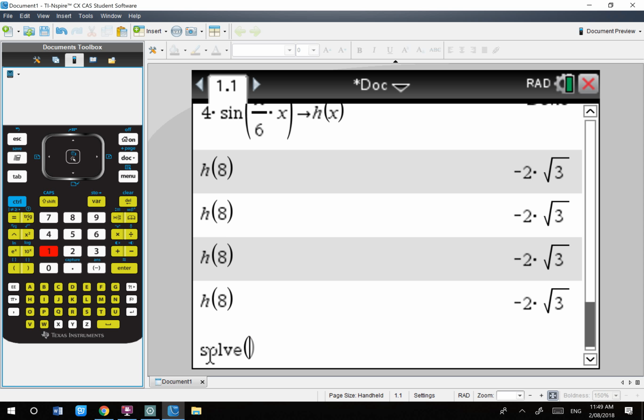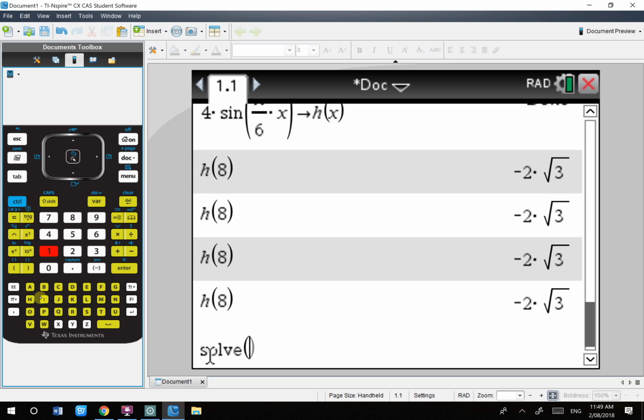Very, very important thing. Tell your friends if they're not here. Circular functions have infinitely many solutions if no domain is given. So I must restrict the domain when I solve for a circular function, otherwise I can't solve out anything. So what I want to solve is the x-intercept in this question.